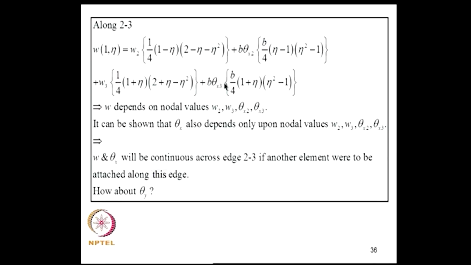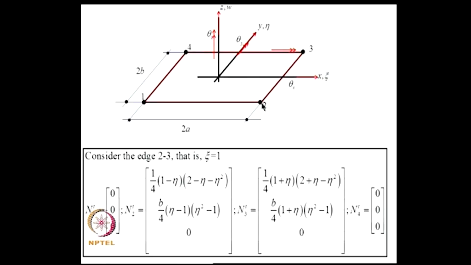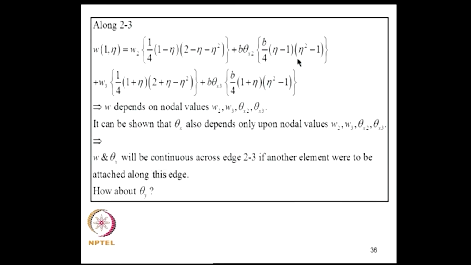That means the representation for W along xi equal to 1 depends on values of degrees of freedom at 2 and 3. Consequently, we can conclude that W depends only on these nodal values, and similarly we can show theta x also depends only on these nodal coordinates. So it emerges that W and theta x will be continuous across the edge 2 3 if another element were to be attached along this edge.